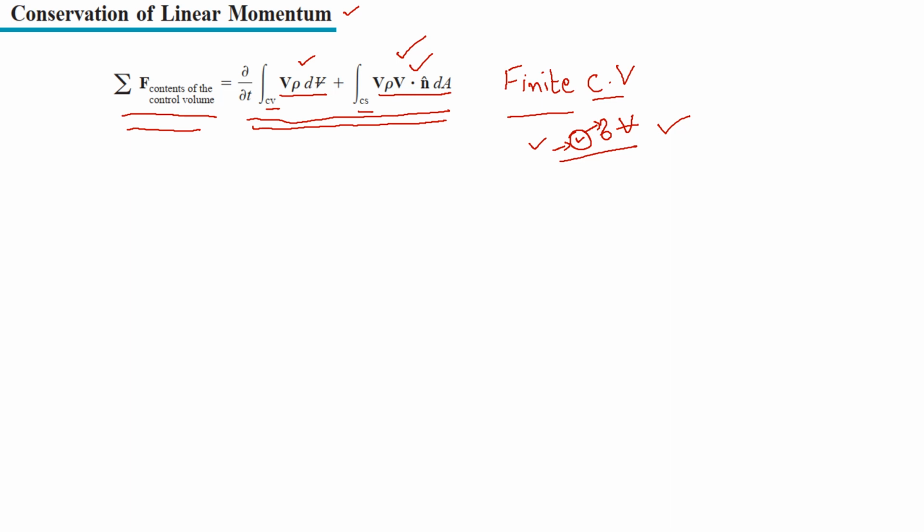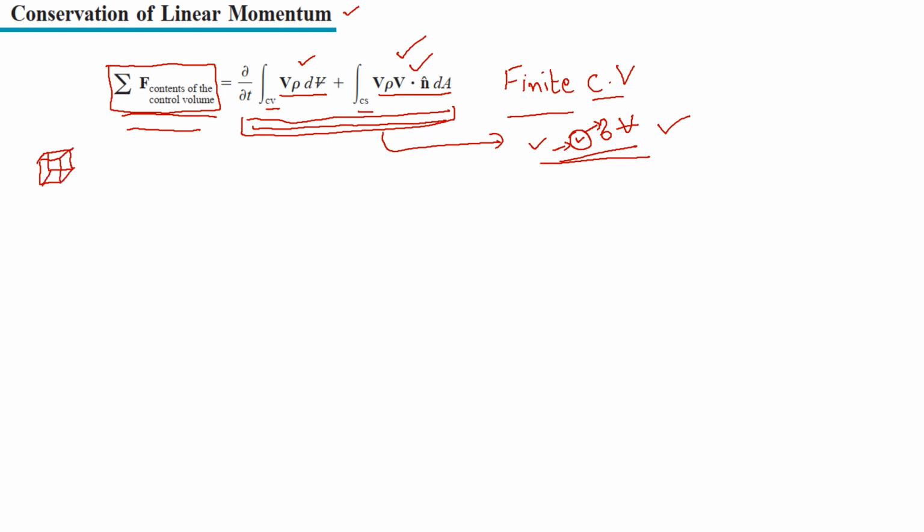What we will be more concerned with, as we already defined, this right hand side will be the same for a very small control volume. What we will be more concerned about is the forces, and how we will define these forces when they are applied on a single fluid particle.